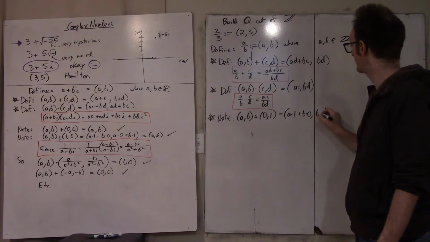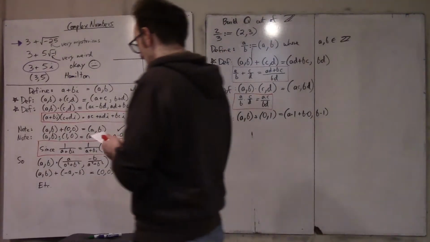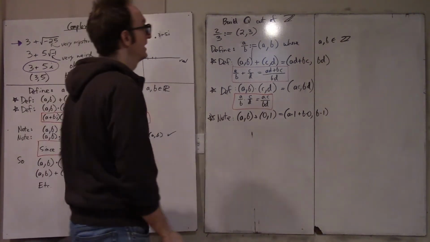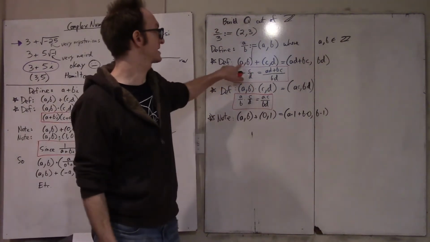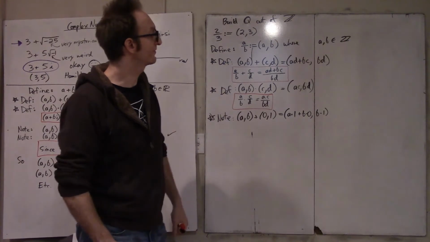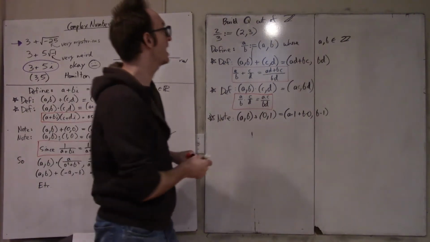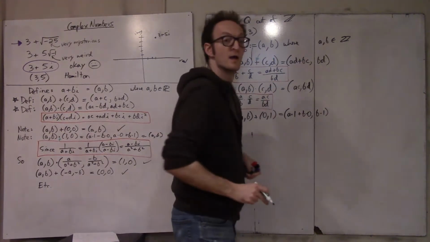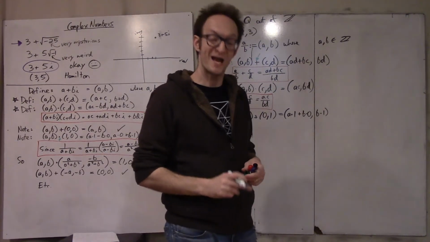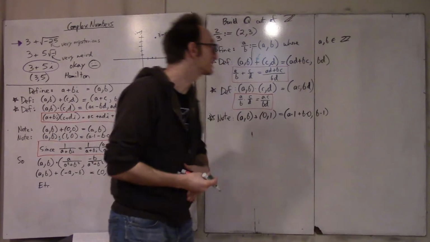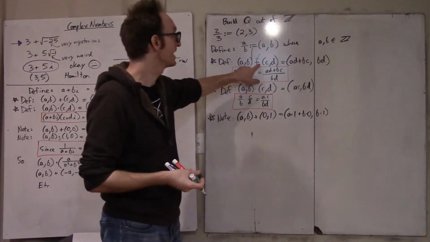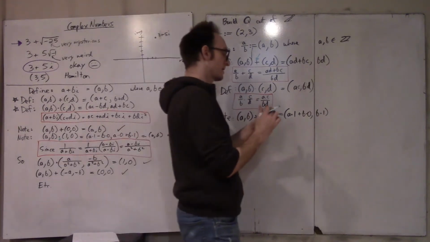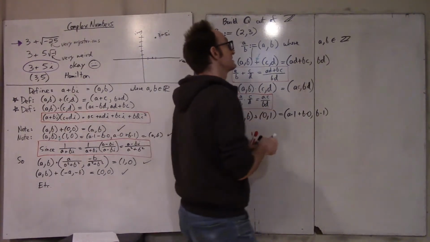And now I will say, once again, as I did before, that in formulas such as this one, there are philosophically different things going on. This plus is rational number addition. This is the plus that I'm defining: what it means to add two ordered pairs of integers. But this plus is something else entirely.